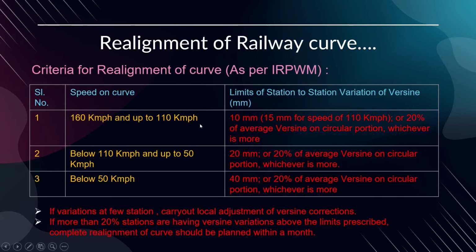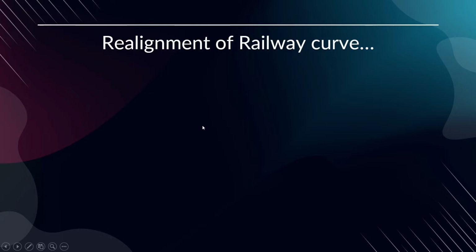Okay, after this introduction, we can go to the website. Some of the concepts we are using in the program, you can just have some idea. Actually, the sum of versine existing is equal to the sum of versine proposed. That is one of the concepts.